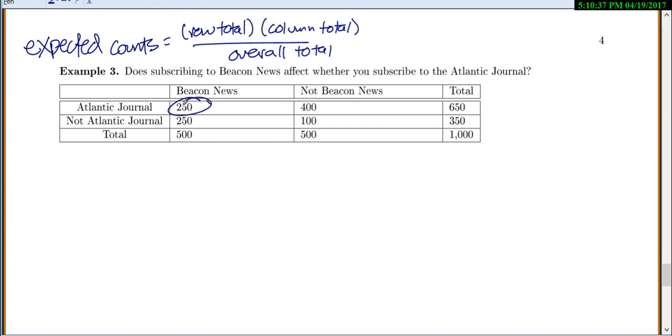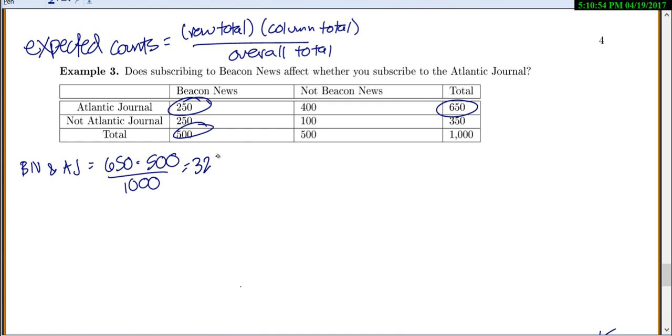So let's find this spot right here. For Beacon News and Atlantic Journal, we'd have 650 times 500 divided by our grand total of 1,000, which is equal to 325.